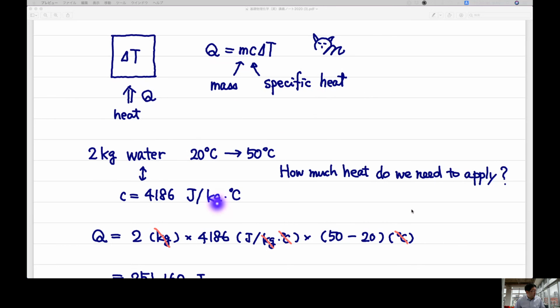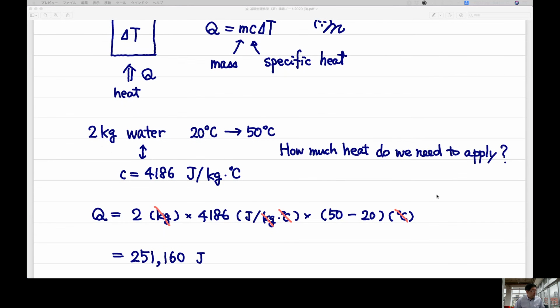The specific heat of the water is 4,186 joule per kilogram degree C. Then you can calculate how much heat we need to apply to this change of water: Q equals 2 kilogram for m, 4186 for c, and delta T here, 50 degrees C minus 20 degrees C. You need to add 251,160 joule of heat to change this water temperature.